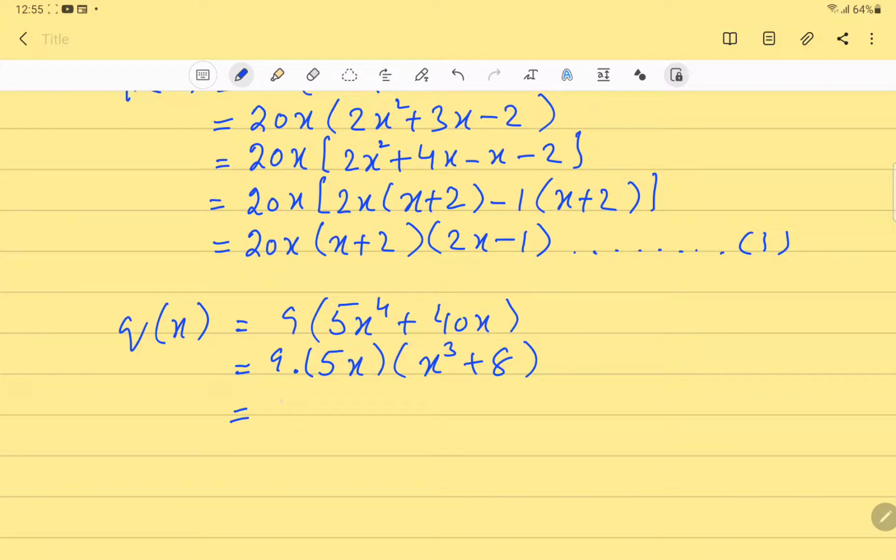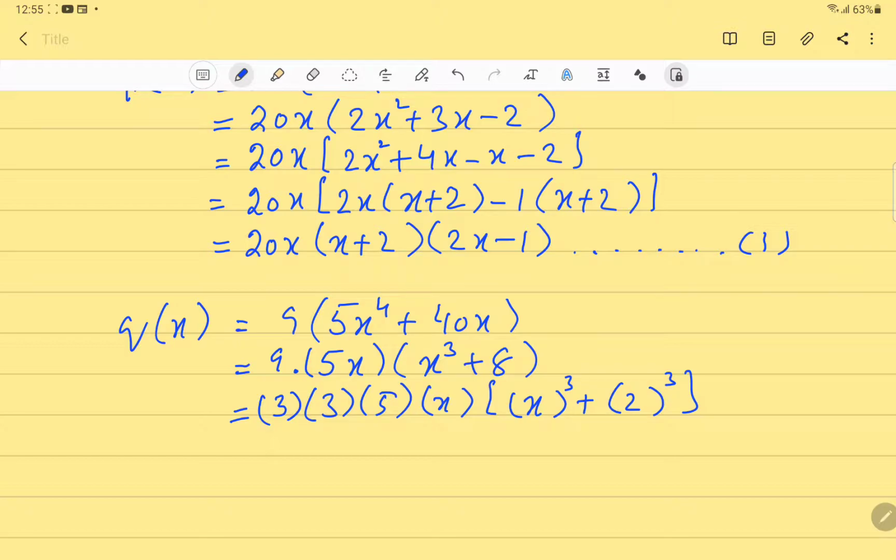So we will be writing it like now 3 into 3 into 5 into x, and here we will be factorizing again x cubed plus cube of 2.